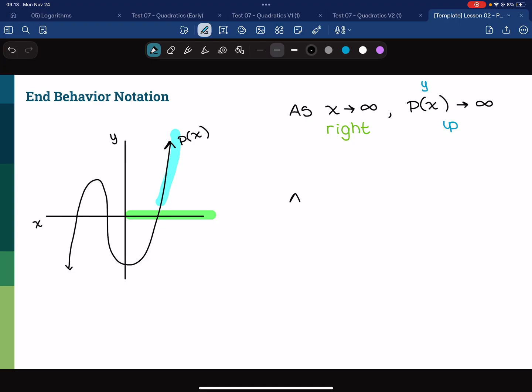If I look at it the opposite way, if x is going towards negative infinity, that negative infinity is looking for negative numbers, so I'm going to the left this time when I read through that. And when we think about what the function itself is doing, p of x, now that happens to be going down.